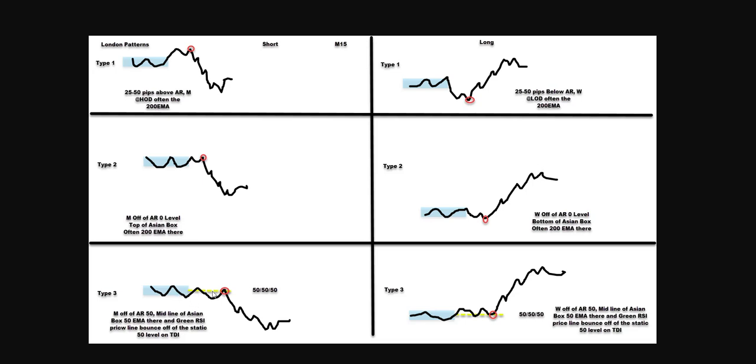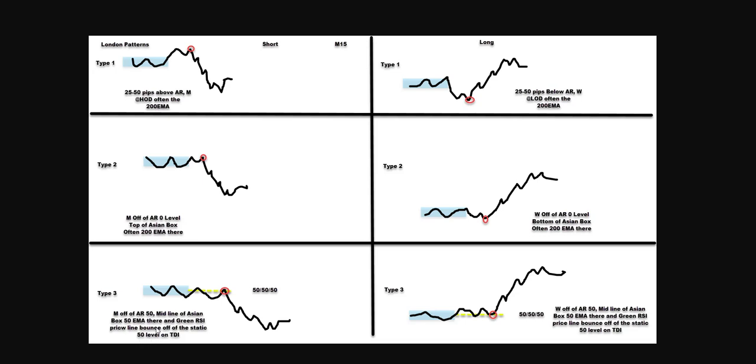Type 3 is the 50% of the Asian range. So peak formation high, we look for M formation at the AR midline of the Asian box, 50 EMA floating there, and the green price line of the TDI to bounce off the static 50.